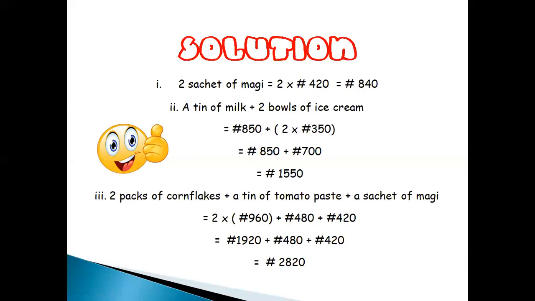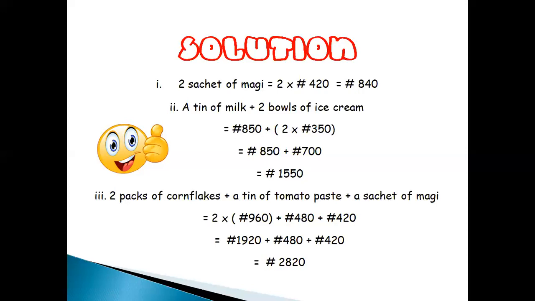I'm going to multiply 2 by 960, and this will give me 1,920 naira. And then my 480 and 420. By the time I add these three together, it will give me 2,820 naira. So this is the cost of 2 packs of cornflakes, a tin of tomato paste, and a sachet of Maggi.